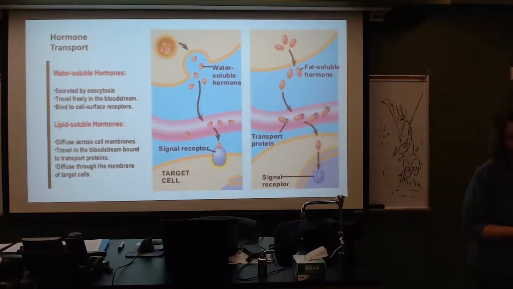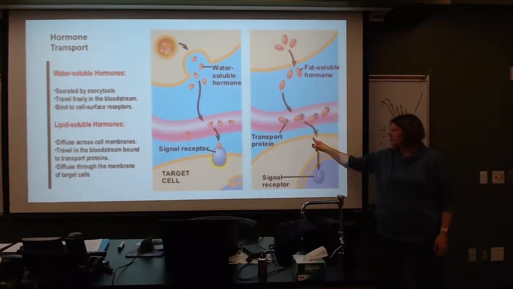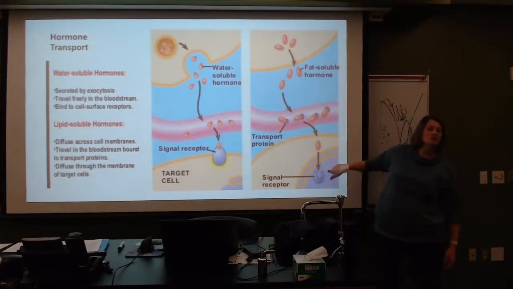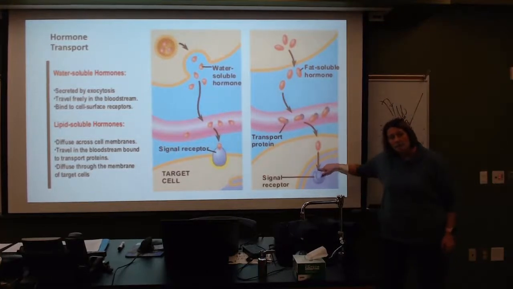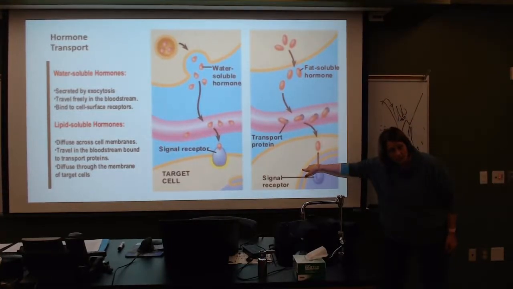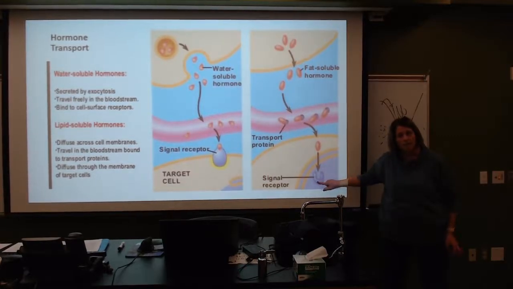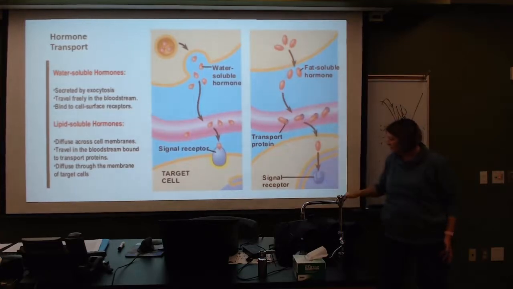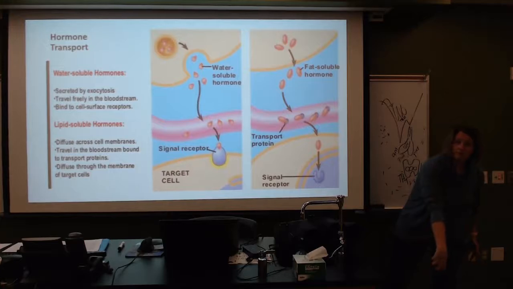So now, if this fat soluble has made it through the plasma membrane, it gets to go directly to the gene of the DNA, making a protein for this cell, and say, do something different. Come in here, affect that DNA, affect that gene, and affect that product.